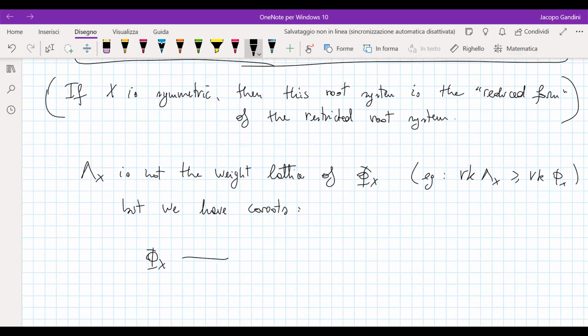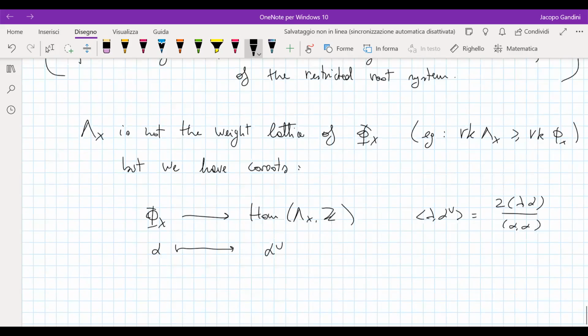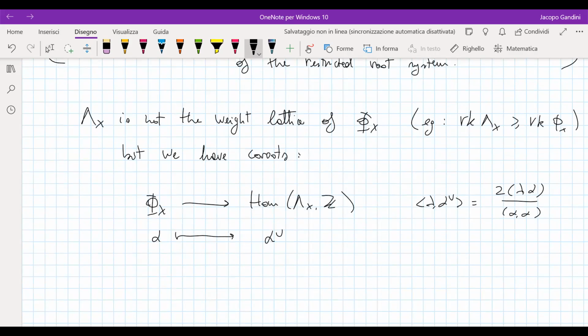Namely, we can map the roots in this root system to elements of the dual lattice. The definition is very natural, it's always the same. So again, we end up with a root datum, but now it's really reductive, I mean, not necessarily semi-simple.